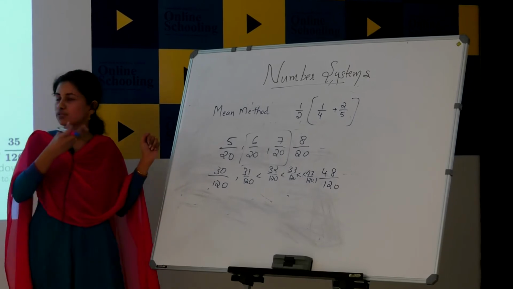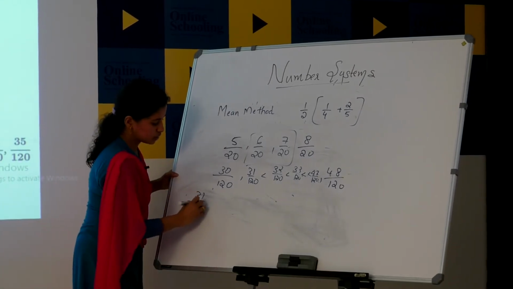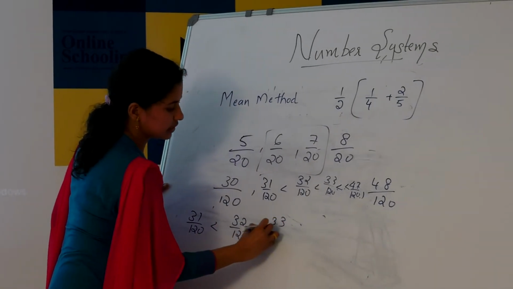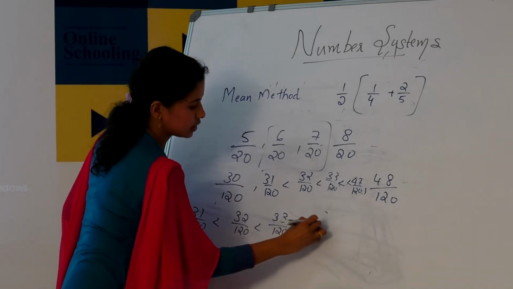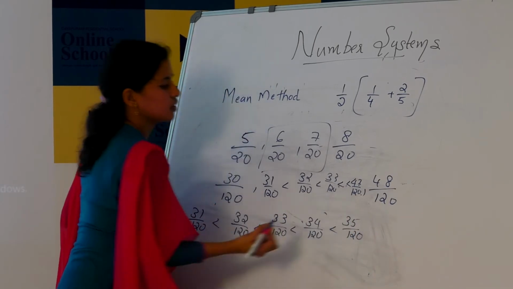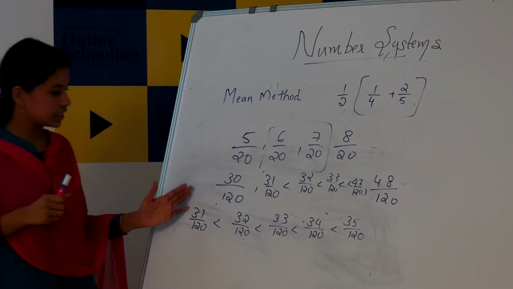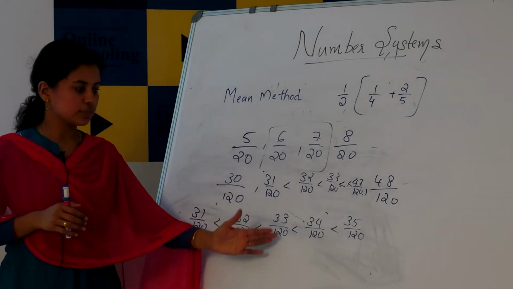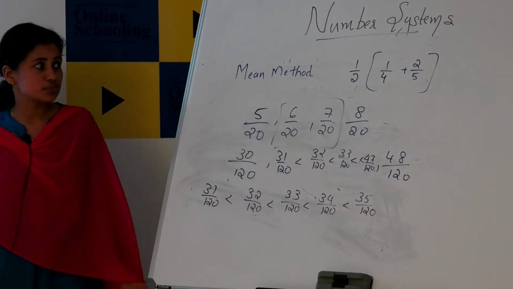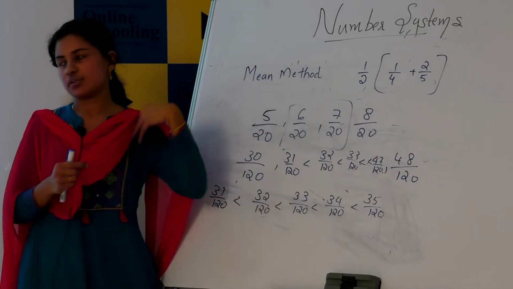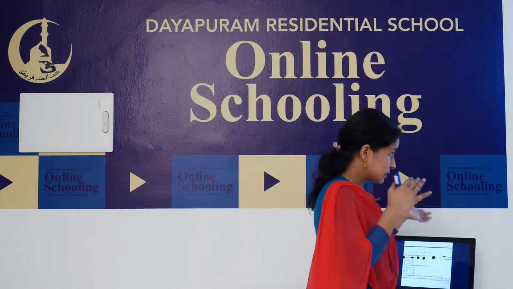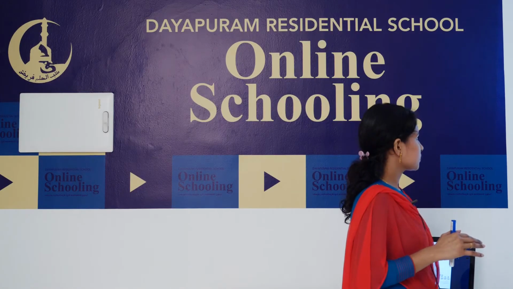I pick just 4 rational numbers: 31 by 120, 32 by 120, 33 by 120, 34 by 120, 35 by 120 are the rational numbers between 1 by 4 and 2 by 5. So there are different methods to find the rational numbers between 1 by 4 and 2 by 5.